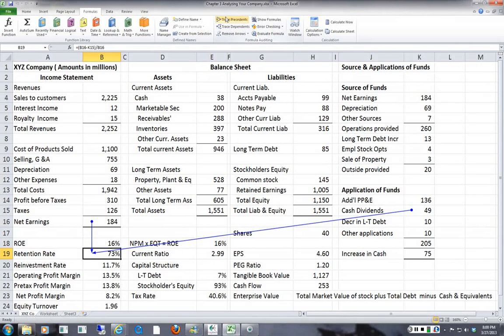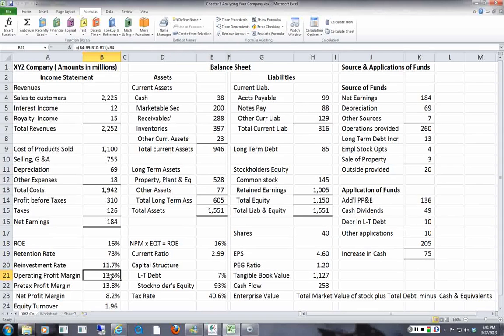So what's left over is 73% of the 184 stays in the company. Then you multiply the ROE times that retention rate and you come up with this reinvestment rate. And that's a big number. So that 11.7 is simply the product of 16% times 73%.